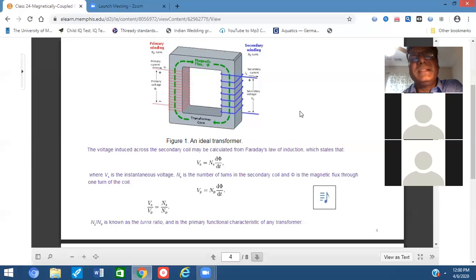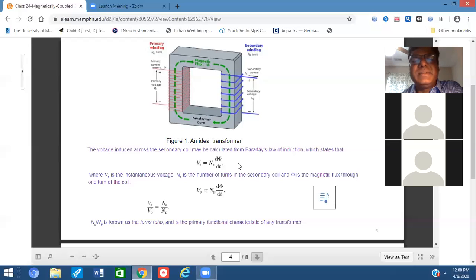That magnetic flux links not only the primary coil, but also the secondary coil. What is the impact of that flux? Last class we were discussing Faraday's law of electromagnetic induction.